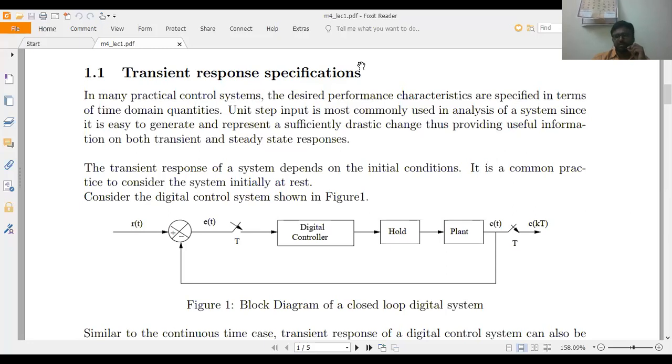In order to determine the desired performance characteristics related to the transient response, we have to consider the initial conditions. So in practical control systems, we consider the system to be initially at rest.